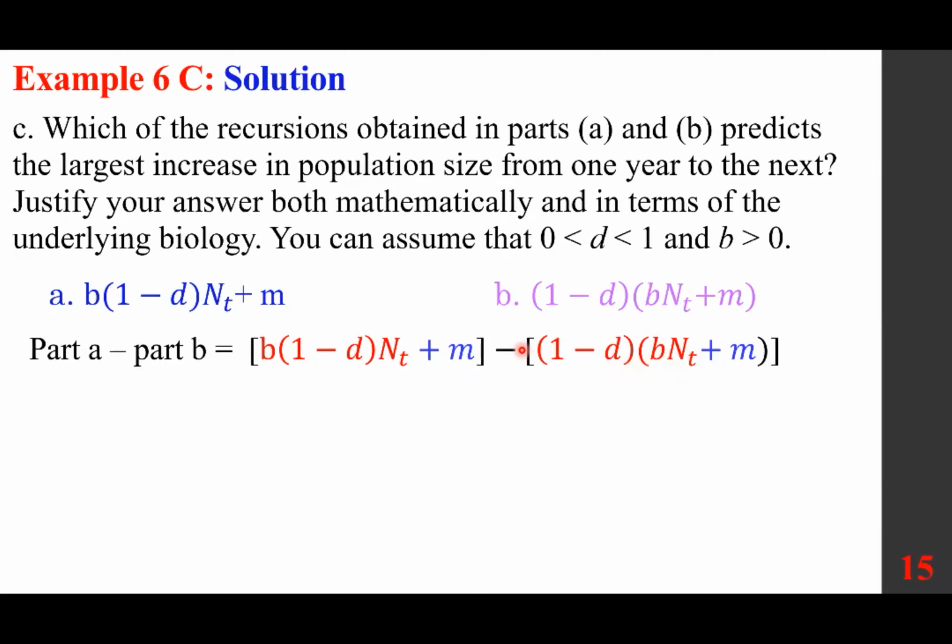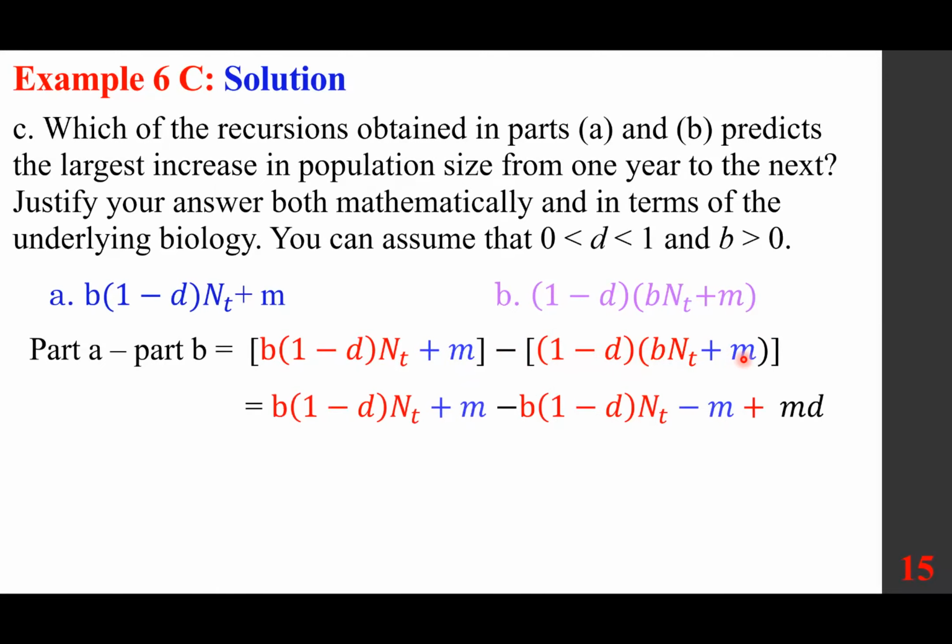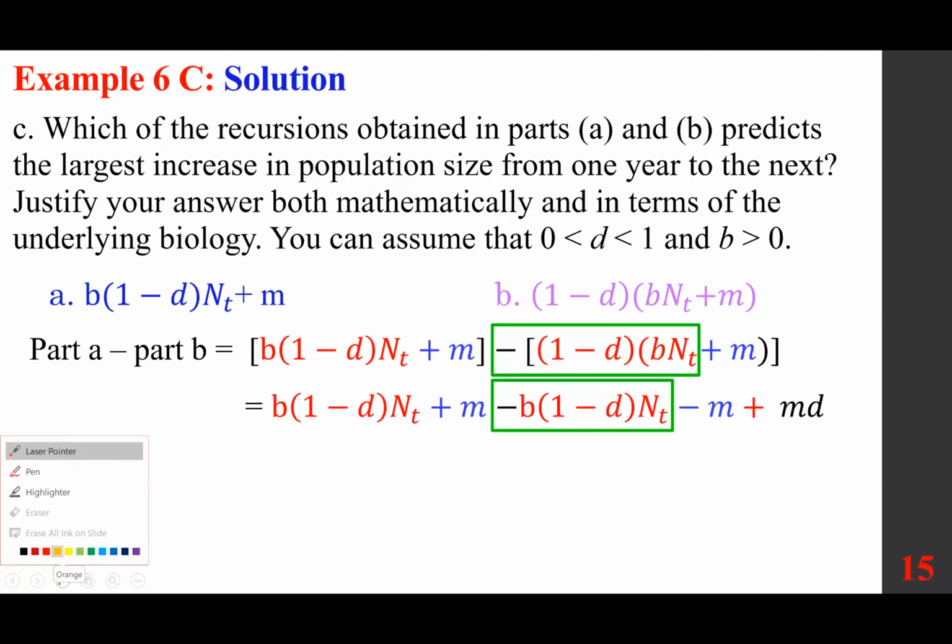All of it, this one has a negative sign. And so 1 times m with a negative sign, and then minus d, that means plus d times m. So we end up with this. So I hope you see these two are the same. And so what happens, again, just distribute and you can observe.